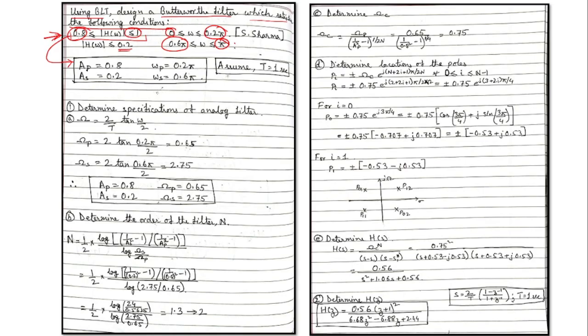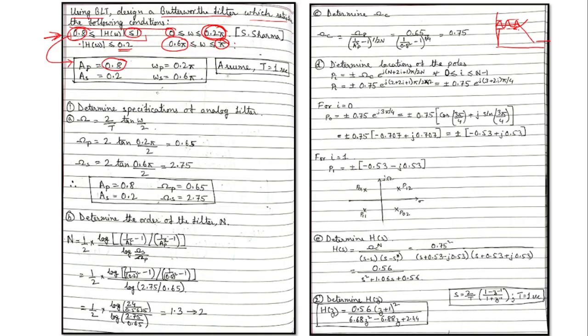So the minimum value is 0.8. AP will be considered as 0.8, and the WP value, that is the pass frequency, is 0.2 pi.